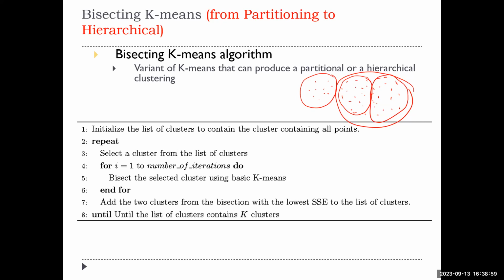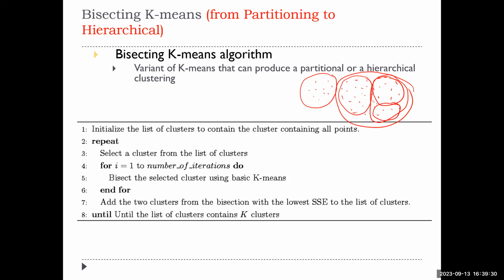So I get 1, 2, and 3 clusters. You see that, right? Now I have 3 clusters. Which one has the highest sum of squared errors? I pick that cluster, apply k-means with k is equal to 2. I get this one, and then maybe this one. Now I get 4 clusters.